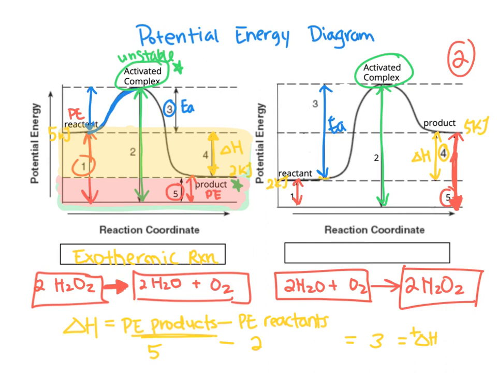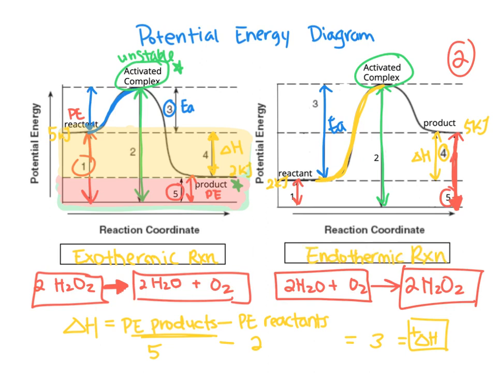You added the extra amount of energy from the reactant, which in this case was a lot compared to the exothermic reaction. So since this delta H is positive, we consider this an endothermic reaction.